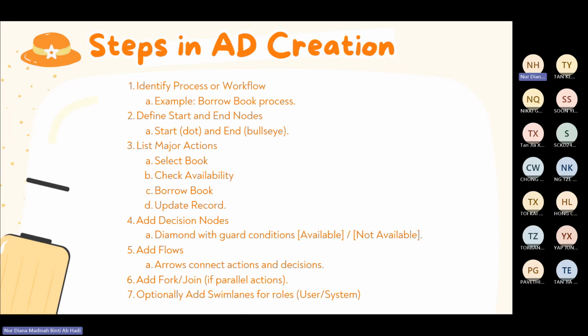After that you have arrows, which connect your actions and your decisions. Just now I talked about fork and join. Fork and join are usually used if there are parallel actions, which is multiple actions at the same time. Optionally, you can add swim lanes for the roles.